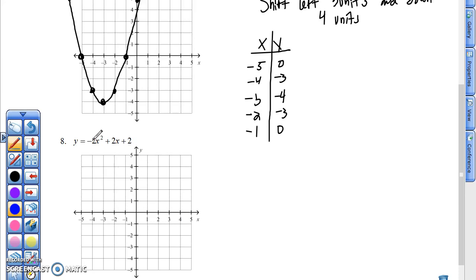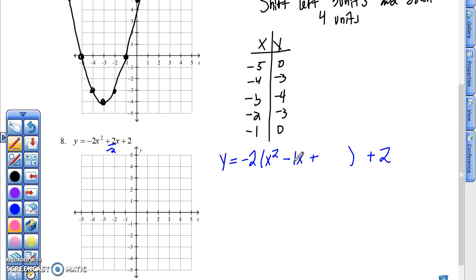I'm going to factor a negative 2 out of both of these terms so that I can start trying to do a perfect square. So factor out a negative 2, since that's my leading coefficient here. I would have x squared, and negative 2 divided by positive 2 would be a minus 1x. I'm going to leave room to complete my square and still have this plus 2 on the outside, making this a perfect square.